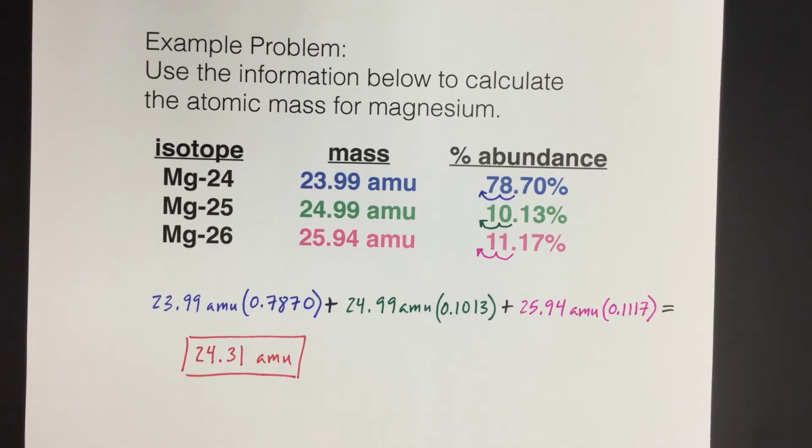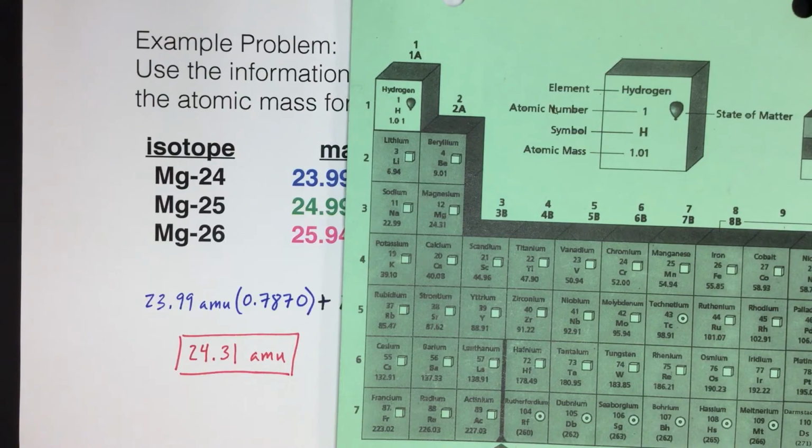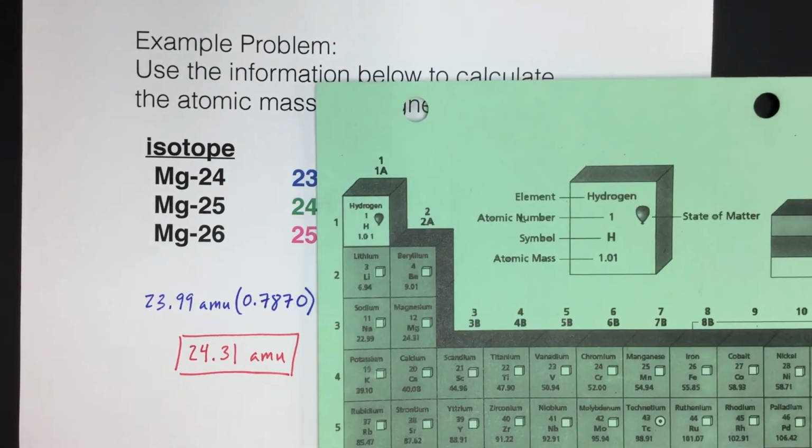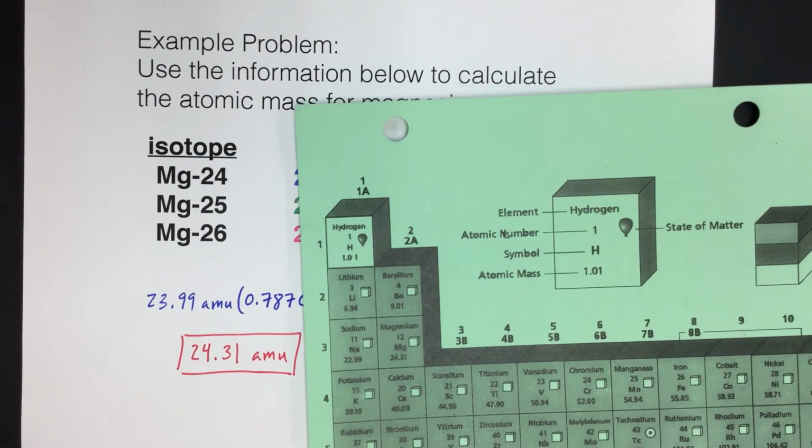Someplace that has the atomic mass of magnesium. Your periodic table has the atomic masses for every element, so you just need to find magnesium. There it is, and the mass is indeed 24.31. So it's actually exactly what we calculated. Sometimes it might not be the exact number, but it'll be very, very close. And this is a really nice way for you to verify your calculation, right?